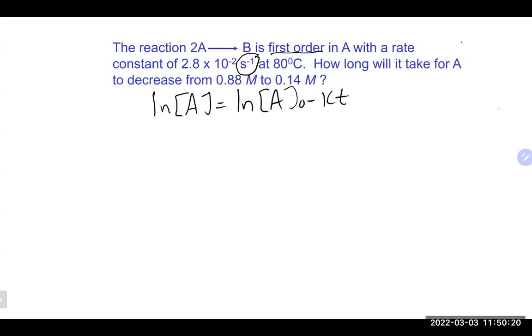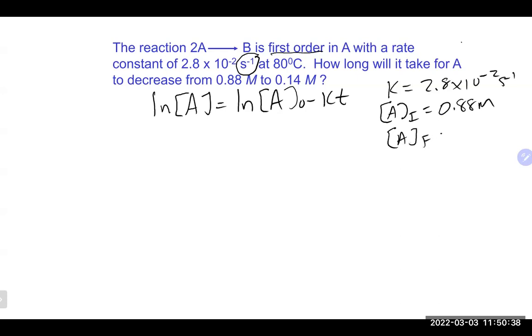If we think about some of the stuff that was given to us, we obviously have the rate constant, 2.8 times 10 to the minus 2 reciprocal seconds. We have the initial concentration of 0.88 molar, the final concentration being 0.14 molar. And pretty much that is everything that we need here.